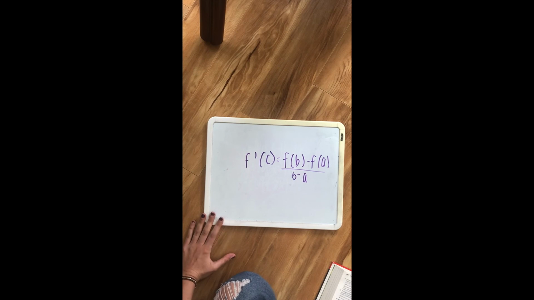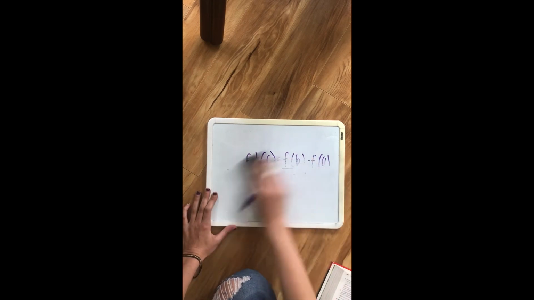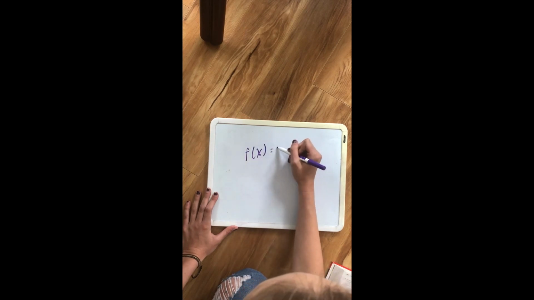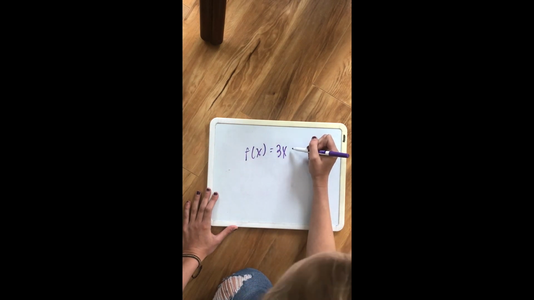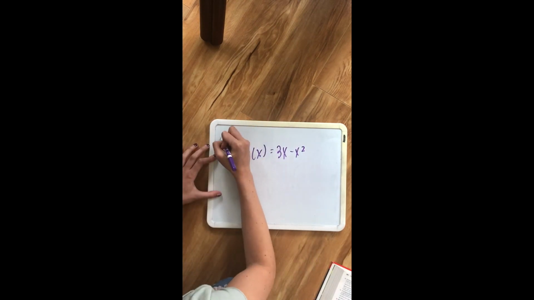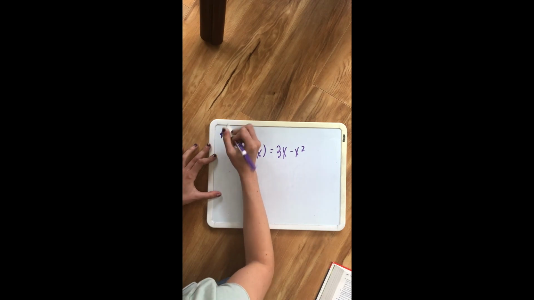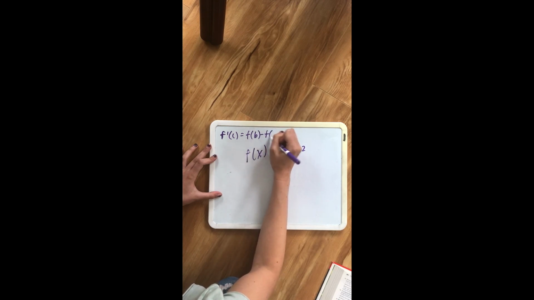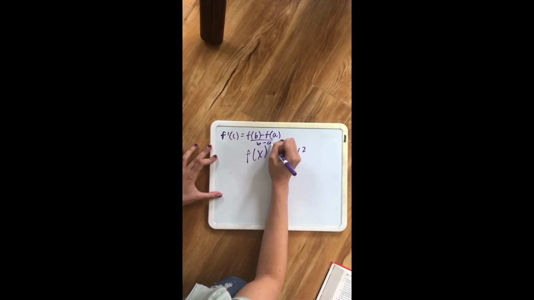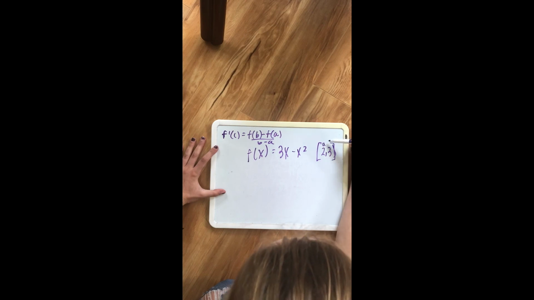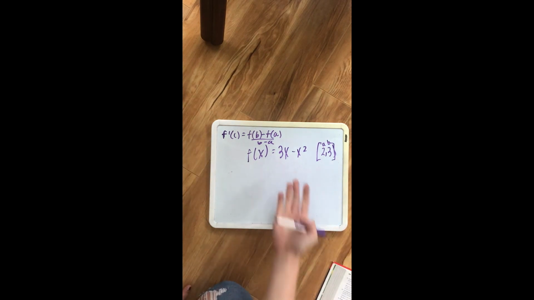So, to do an example, say you were given the function f of x equals 3x minus x squared. Using this equation, and you're given the interval, we're going to solve this.